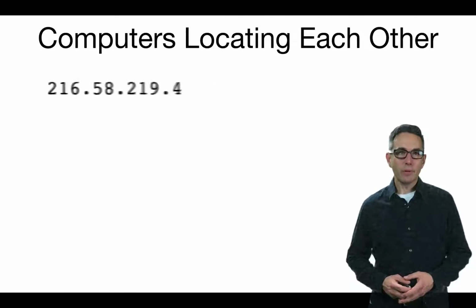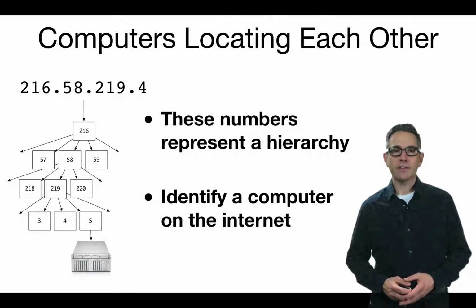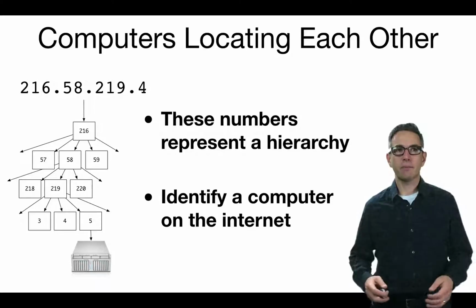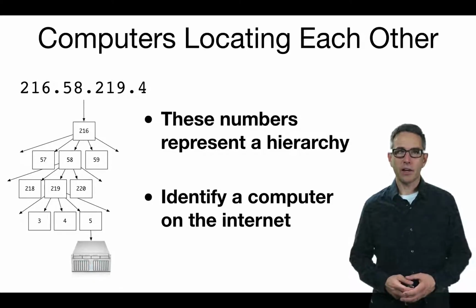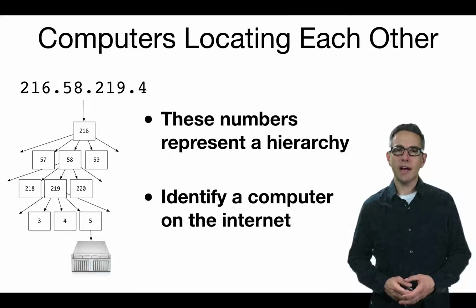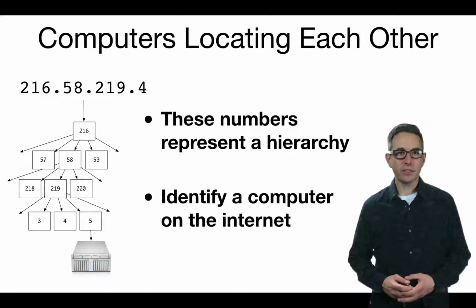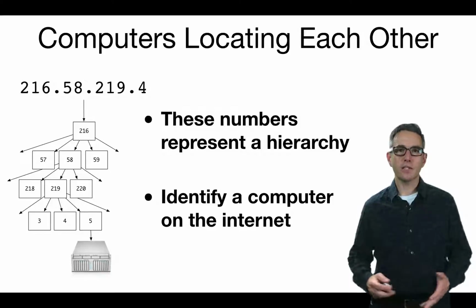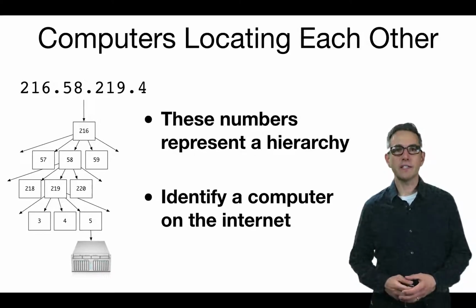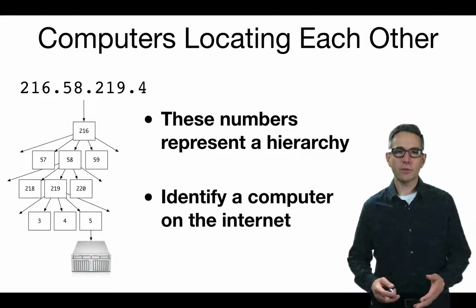These numbers represent a hierarchy of several different networks of computers that are underneath each one of those numbers. They identify a particular computer on the Internet, and so if we think of them as a hierarchy, we could think of the 216 as specifying the root of one of 256 trees, and below that, another tree, which goes between 0 and 255, or 256 different numbers, a third tree, and a fourth tree.